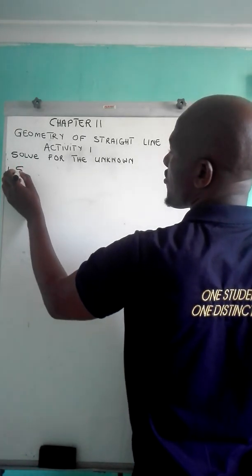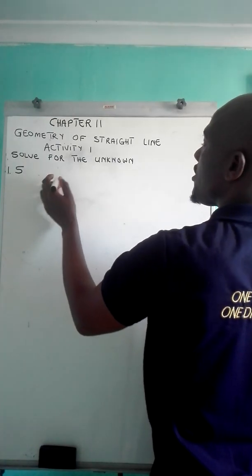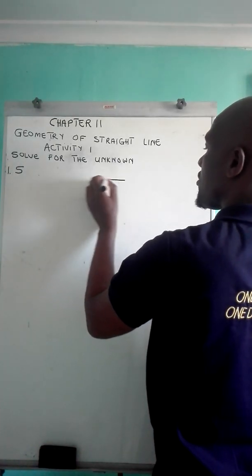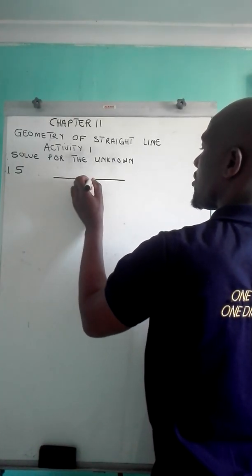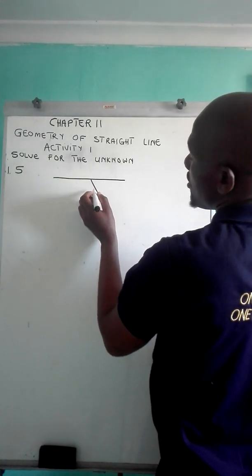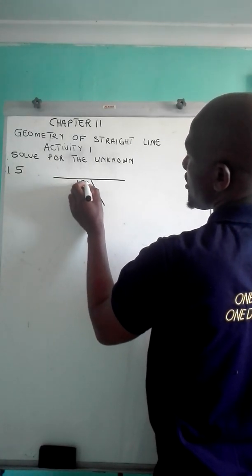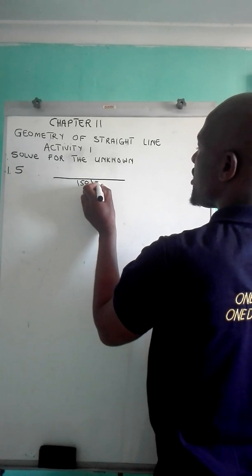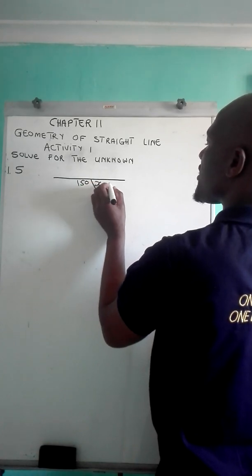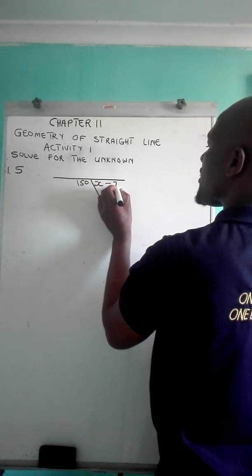This is 1.5. Now, this is 150. And this is x minus 70.